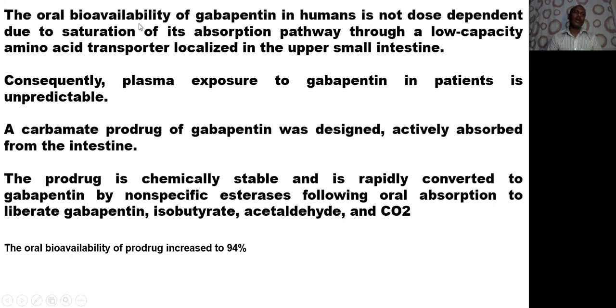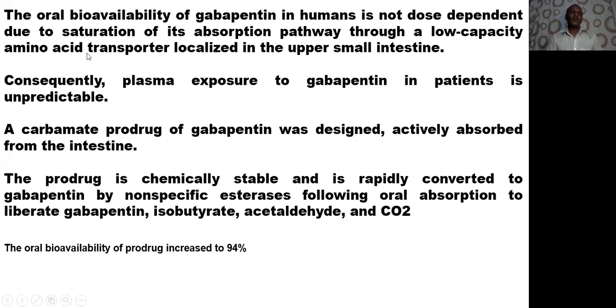So why is the oral bioavailability of gabapentin less? Because of saturation of low capacity amino acid transporters, the transporters which transfer gabapentin from the intestine to the systemic circulation.